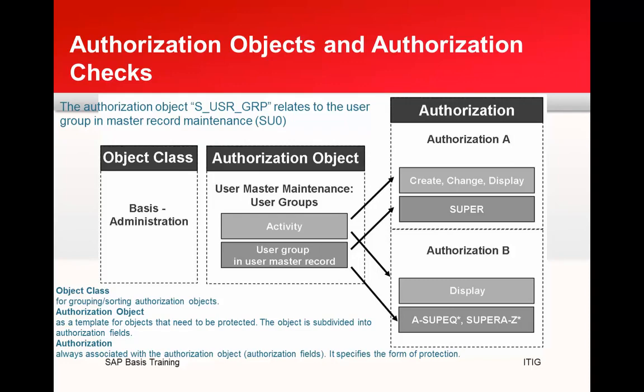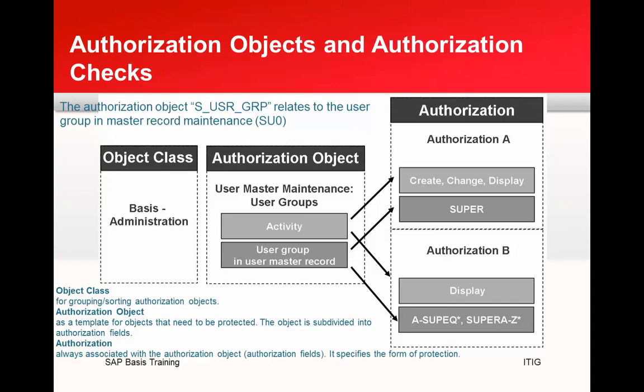For that object we'll see two things: activity and user group, and user master record. The first authorization is about create, change, display, and another authorization is just display. So you can get a feel of how this authorization works.